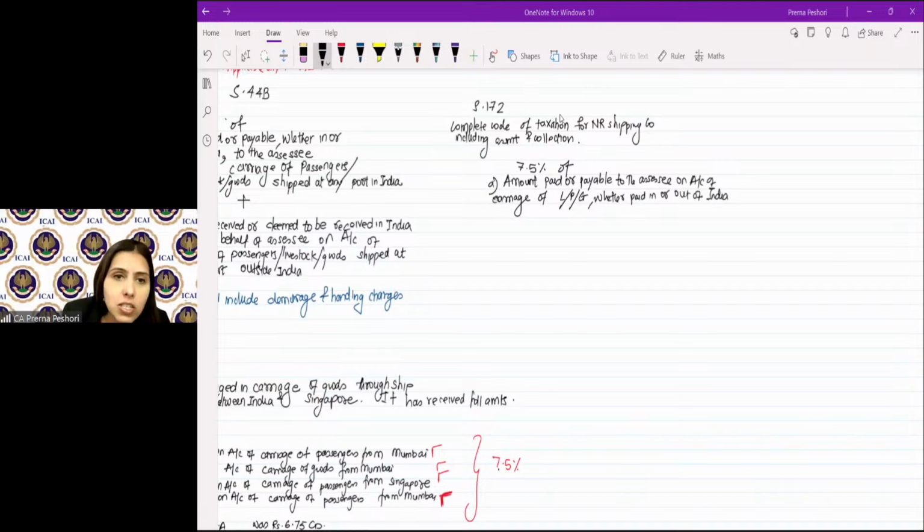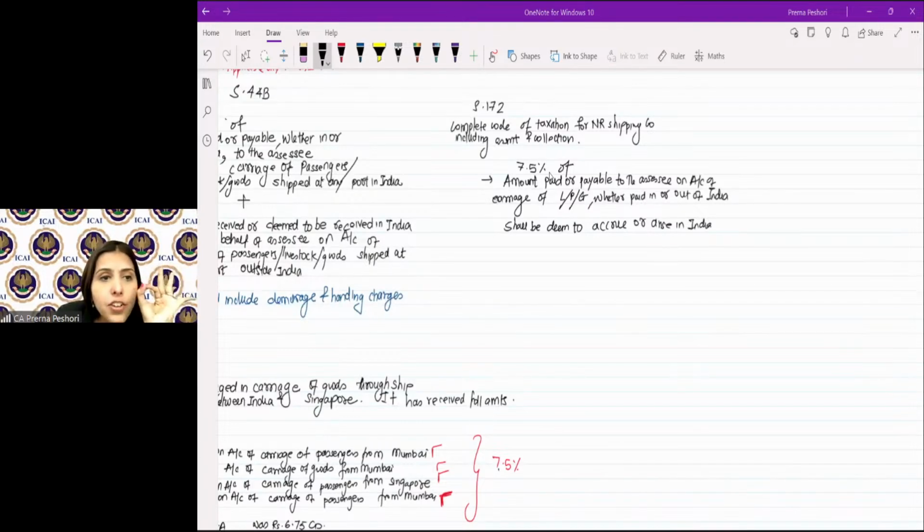They are just saying this shall be deemed to accrue or arise in India. Are we clear? So 7.5% of the amount paid or payable to the assessee, whether in India or outside India, students.